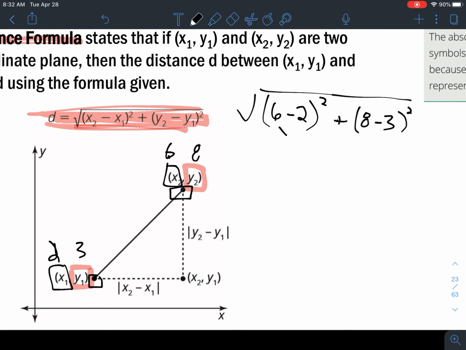We can figure out that this would be 4 squared plus 5 squared. The square root ends up getting rid of these signs, so it ends up being 4 plus 5, which is 9.